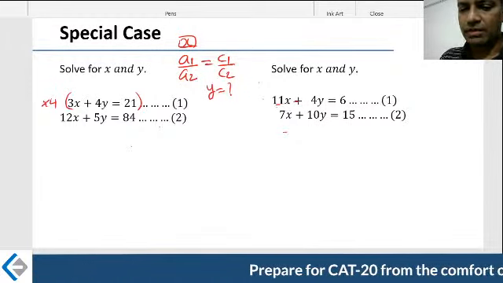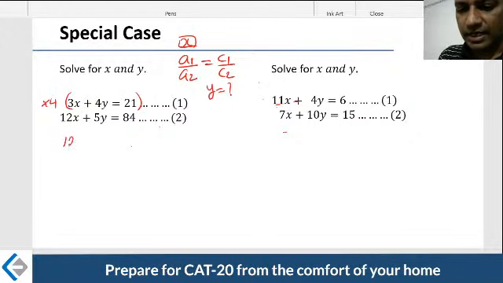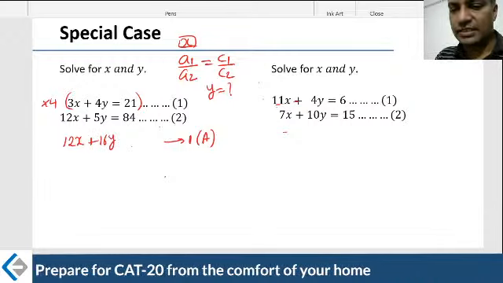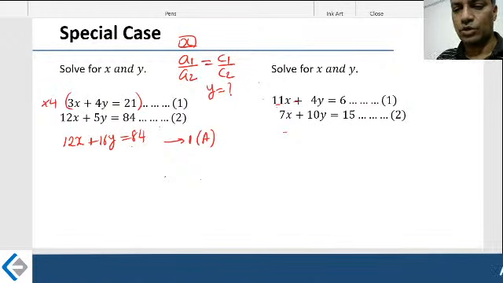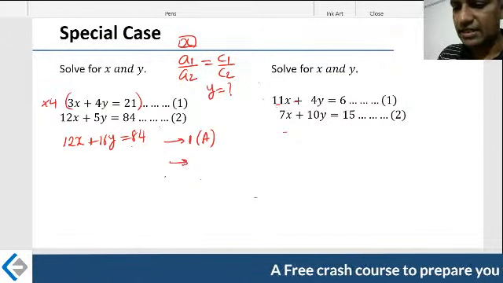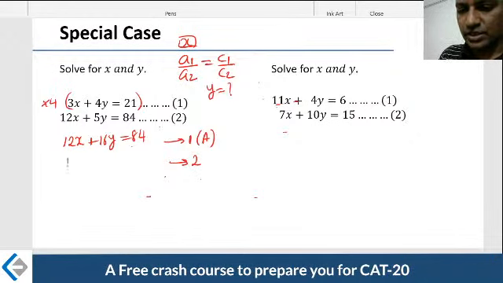I'm writing equation 1a: 12x plus 16y is equal to 84. Write the second one as it is: 12x plus 5y is equal to 84.